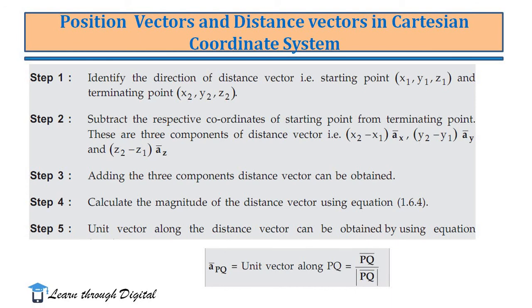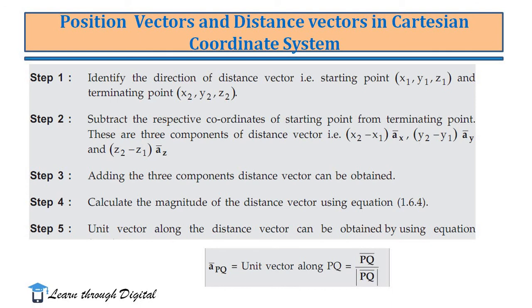Right, let us summarize the procedure to obtain the distance vector and unit vector. The first step: identify the direction of the distance vector, that is the starting point and the terminating point. The second step: subtract the respective coordinates of the starting point from the terminating point. These are the three components of the distance vector: (x2 minus x1) ax vector, (y2 minus y1) ay vector, and (z2 minus z1) az vector.